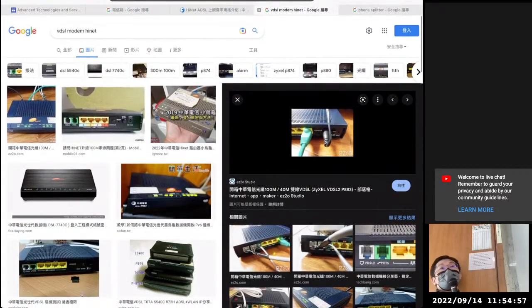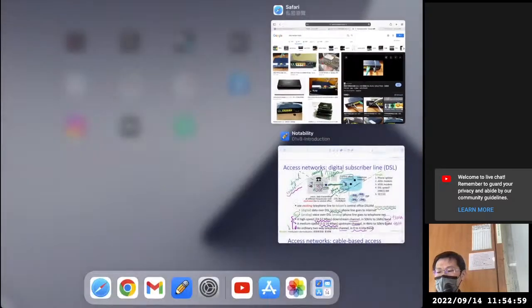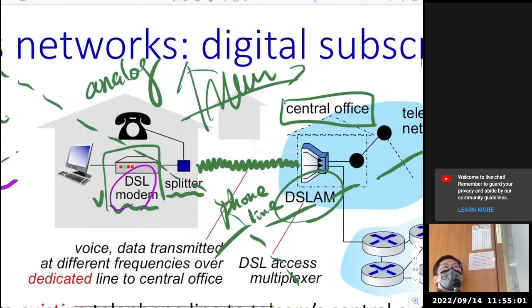Usually with an ADSL modem, as we see in this figure, one phone line comes into your household, and you have a splitter. So you have one phone line right here that will be connected to your DSL modem.